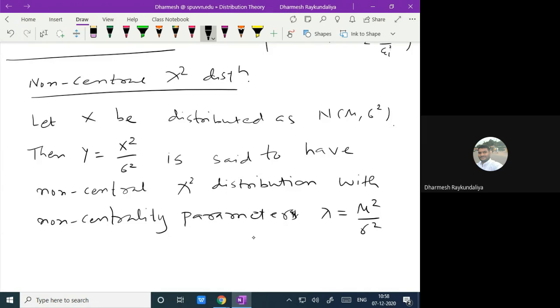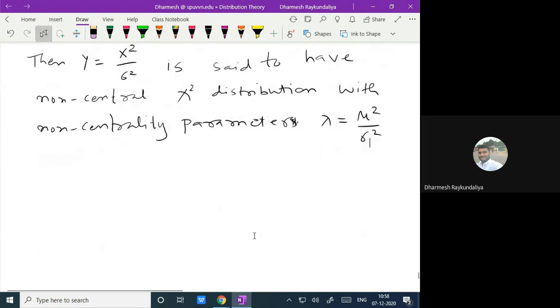That means we are just substituting the expectation of X, which is mu. Here it is X square, so we are just substituting the mean of X square, that is mu square upon sigma square, with non-centrality parameter lambda. And how many observations?